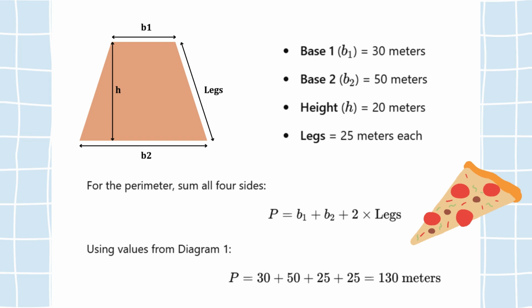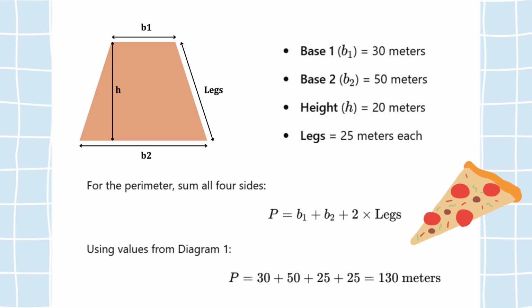From this drawing, we understand that we need 2 legs, which are the left side and the right side, and 2 bases, which are the upper base and the lower base. So finally, we get the answer: perimeter equals 30 plus 50 plus 2 times 25, equals 130 meters.